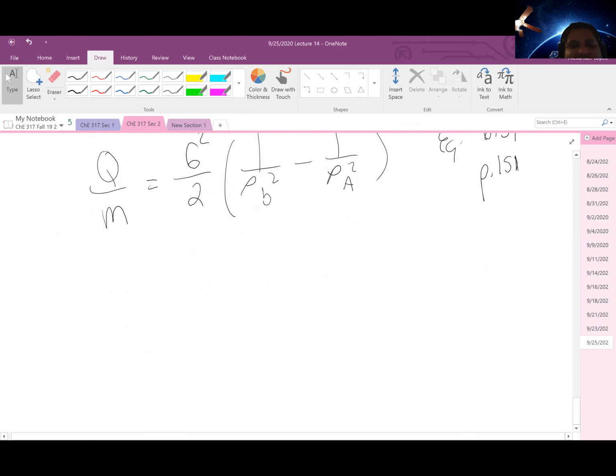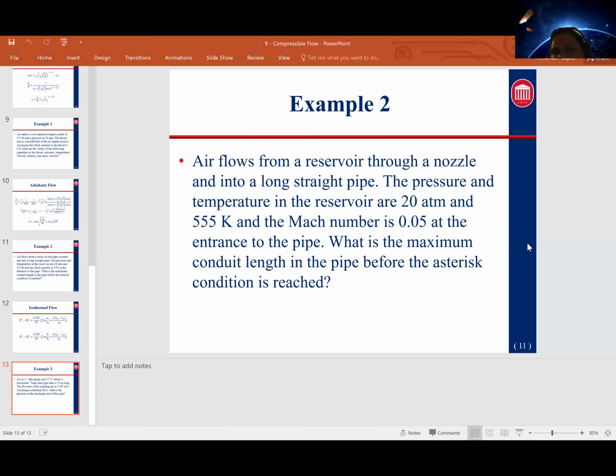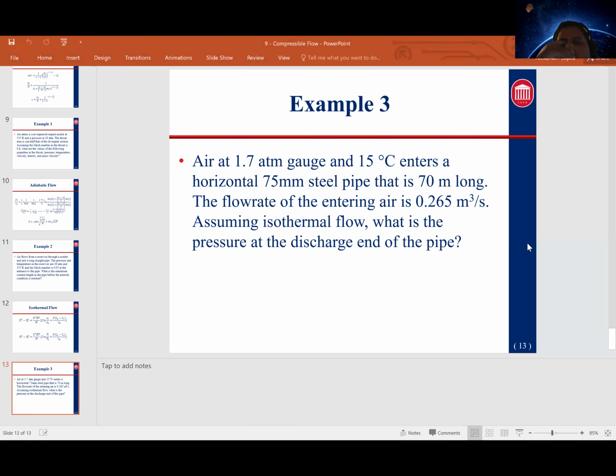So let's look at an example of isothermal frictional flow. In this system, we have air at 1.7 atmospheres gauge and 15 C entering a horizontal 75 millimeter in terms of diameter pipe that is 70 meters long.